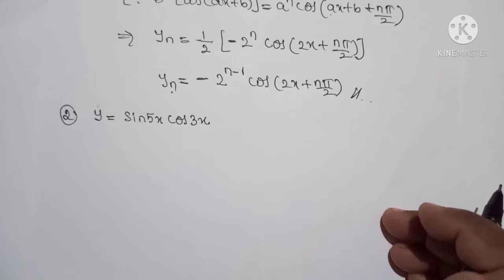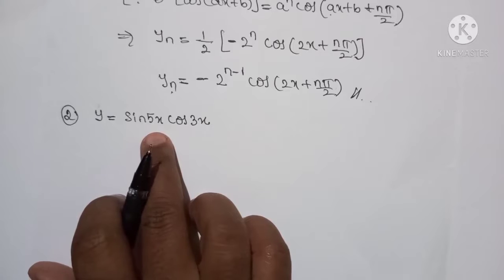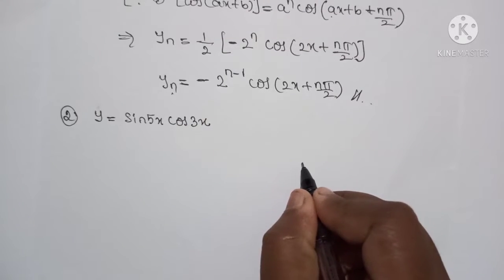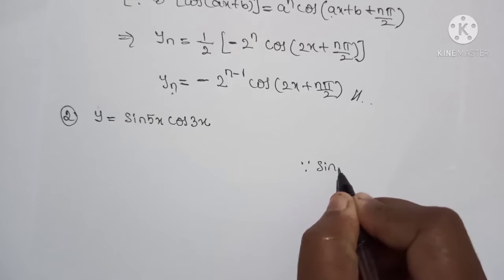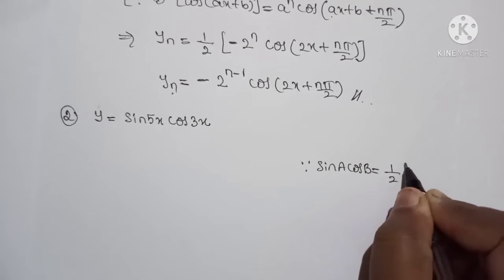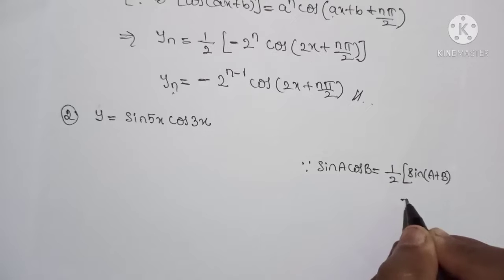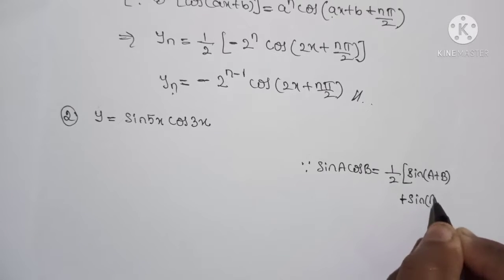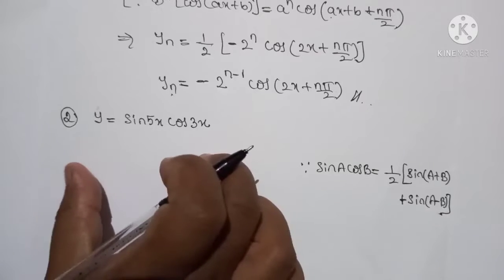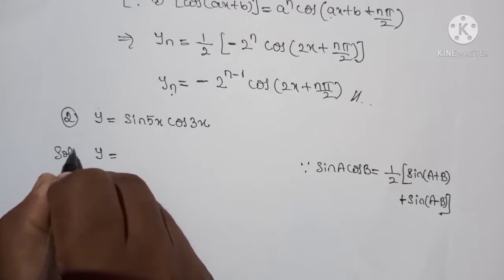Here we solve this by applying a trigonometric formula: sine a cos b equals 1 by 2 times (sine of (a plus b) plus sine of (a minus b)). Using this formula we solve this one.